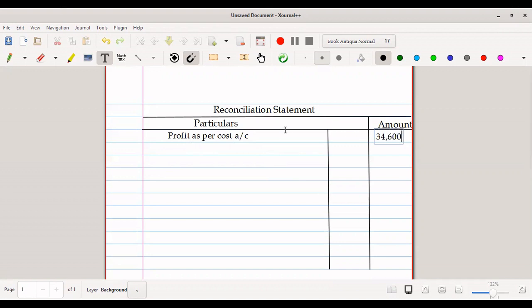For this, we are going to add few items, and as per the hints given, there is only one item which we are going to add in this format, that is over absorption of overhead in cost accounts.